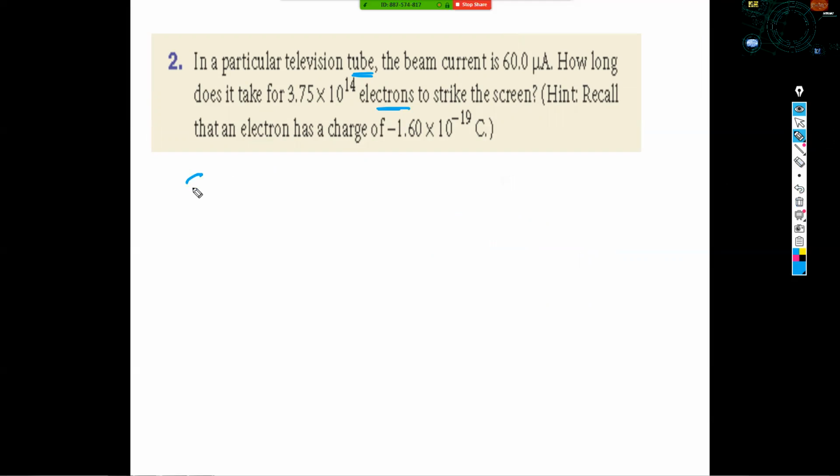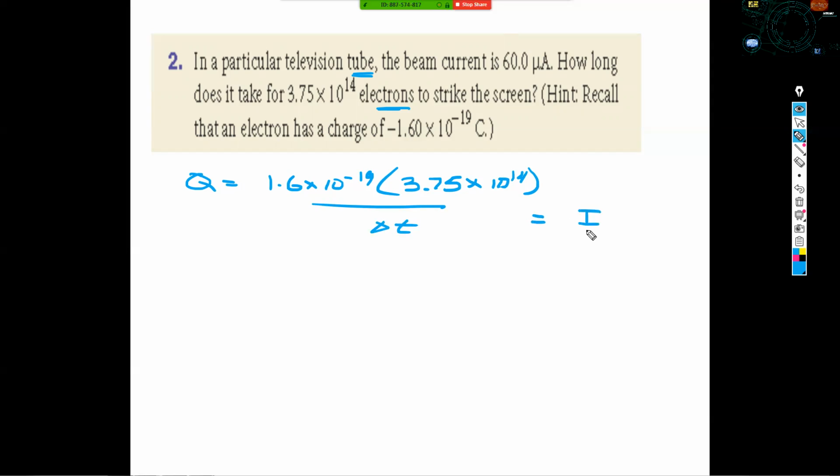So if you want to know what the overall charge is, you're going to have to take that 1.6 times 10 to the minus 19th and multiply it by the amount of electrons that you actually have. So the actual amount of charge you would have over time is your current.